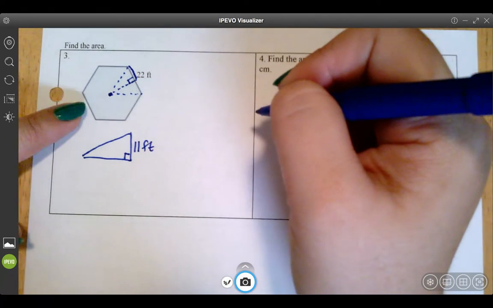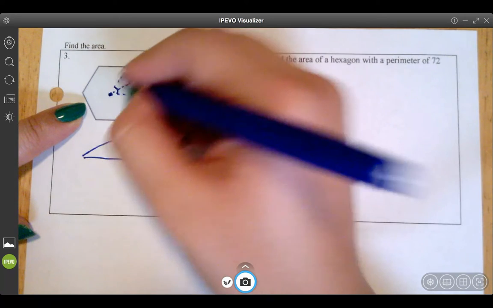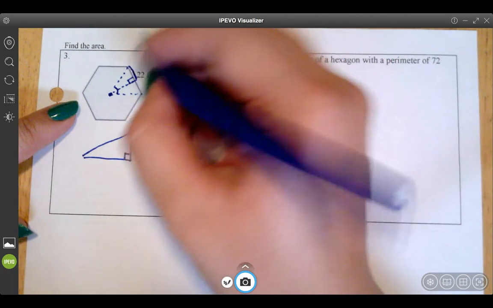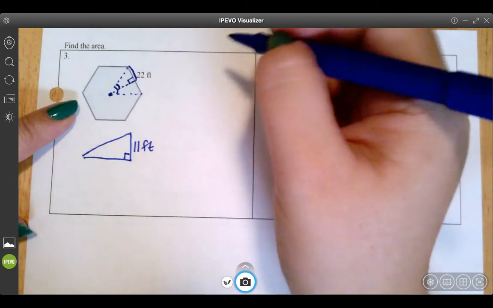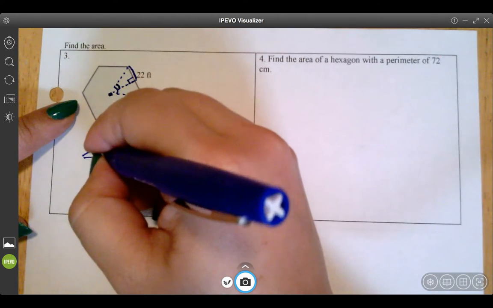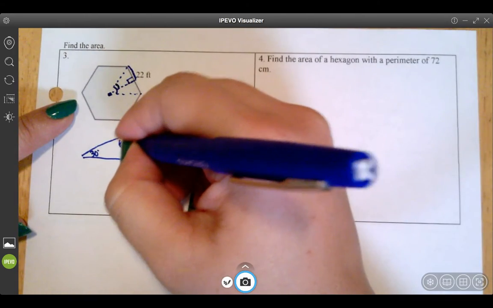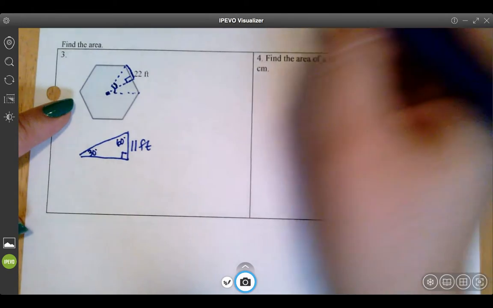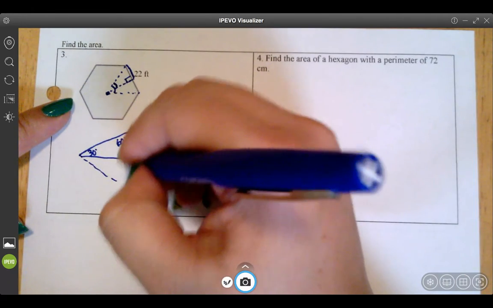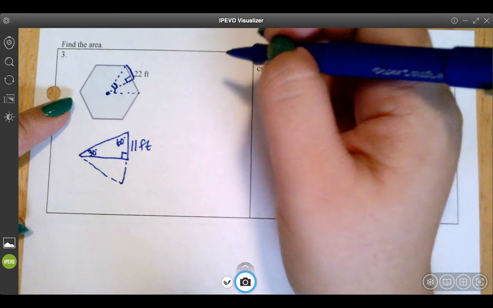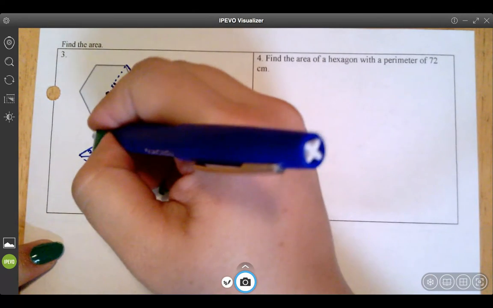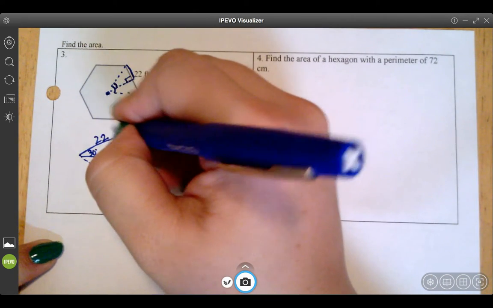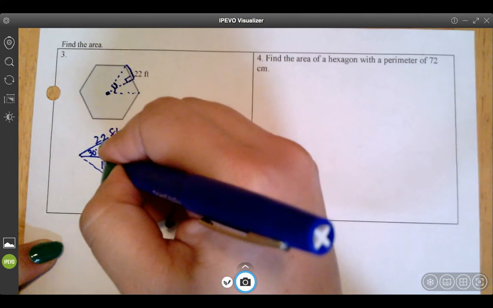This is a hexagon. Hexagon says this central angle is 60 degrees. So this angle here is 30 degrees, leaving this other angle as 60 degrees, again giving us one of our special triangles. If this is 11, then this must be 22, and this is 11 root 3.